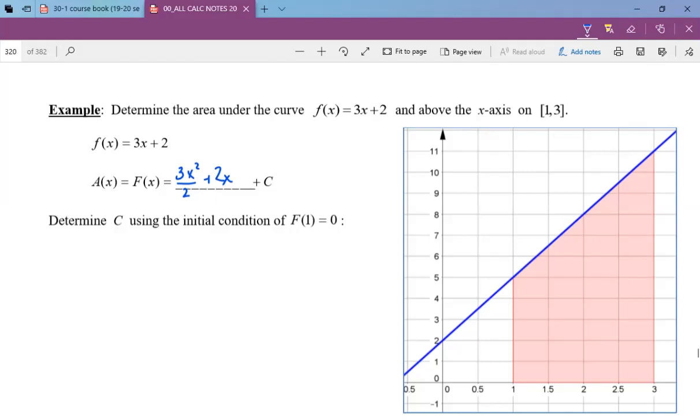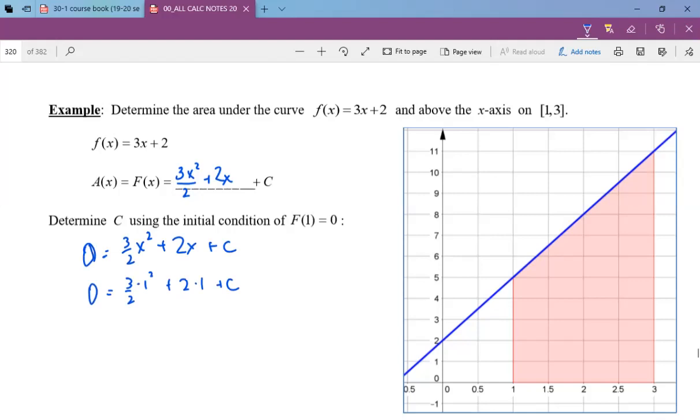So what we were looking at earlier, the area from 1 to 1, ends up being equal to 0. Therefore, 0 is equal to 3 halves x squared plus 2x plus c, and when x is 1, this is an area of 0. So 0 is equal to 3 halves times 1 squared plus 2 times 1 plus c.